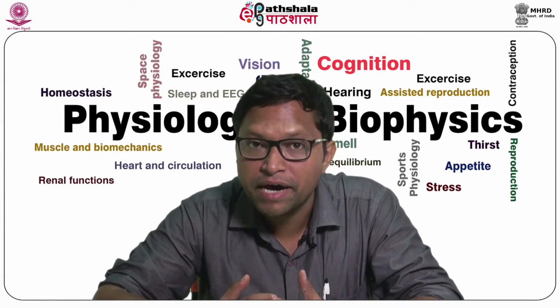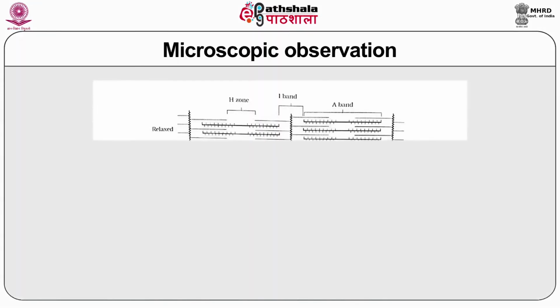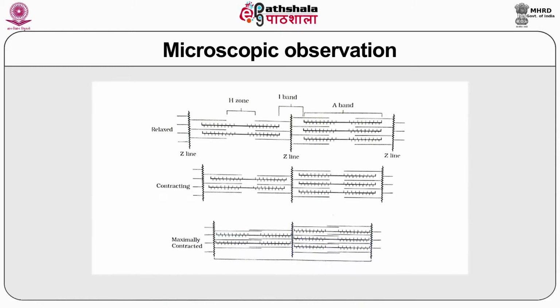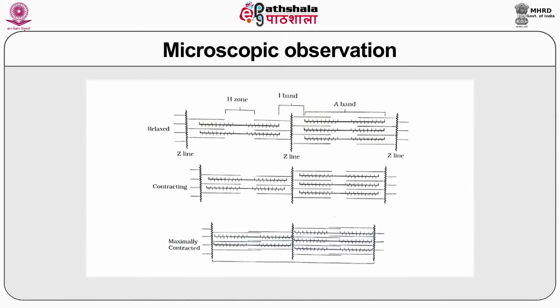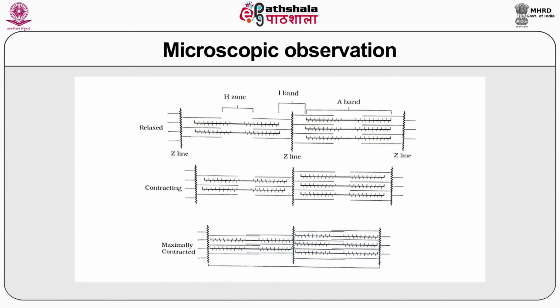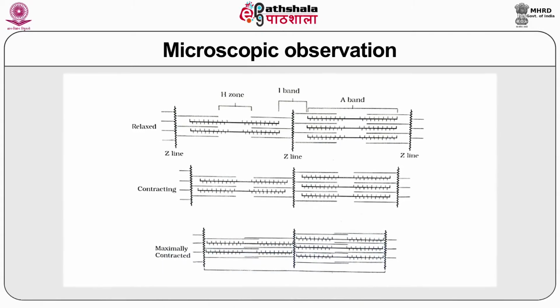When seen under the light microscope, there are darkly stained areas called the A band and lightly stained areas called the I band. The main composition of the A band is myosin and of the I band, actin.